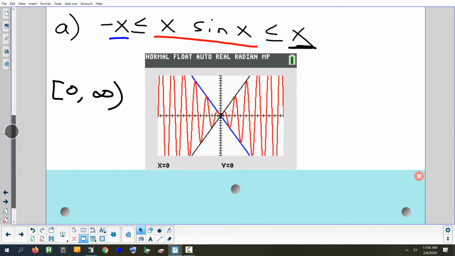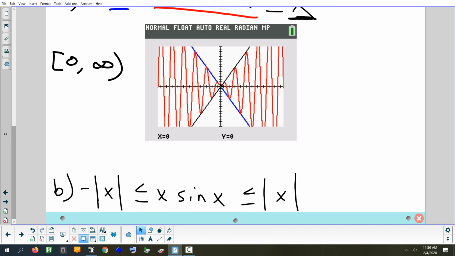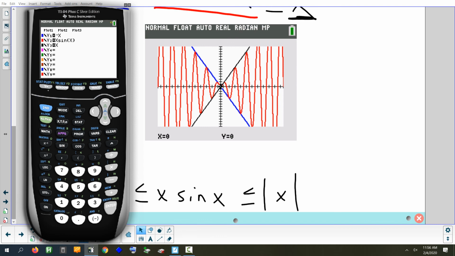All right, so now we'll try one more. Almost the same thing, except the middle is the same, but I'm going to put negative absolute value x, and then positive absolute value x. So we're going to go negative, math, number, absolute value x.